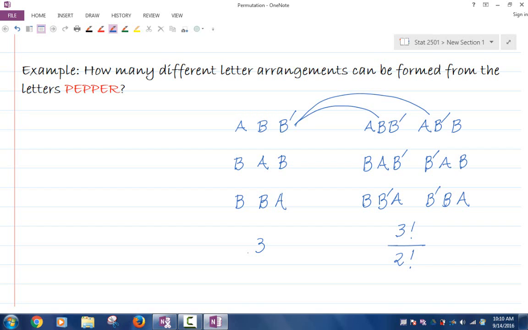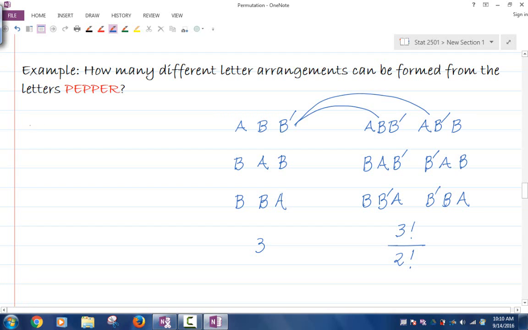So let's now think about the letters that I have: P, E, P, P, E, R. We want to know how many permutations these letters have.